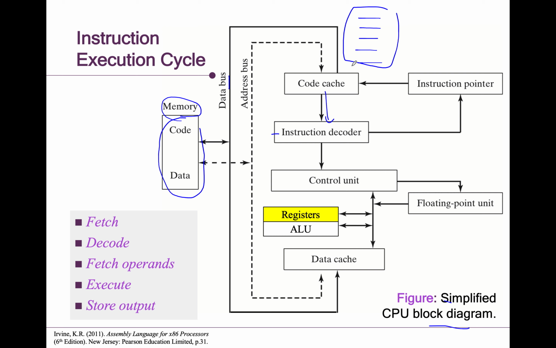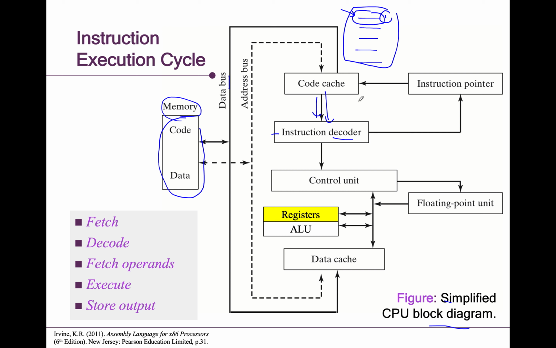Okay, now you can see you're going to read it one by one. First, you're going to read maybe your first line. So it's going to try to decode what the instruction is over here. It's going to use the function of the instruction decoder to convert your assembly language or any kind of language to be understood, so it's going to be decoded to be understood by your machine.